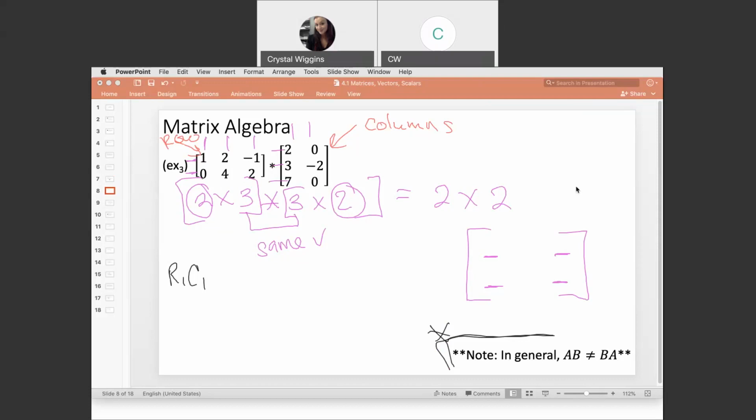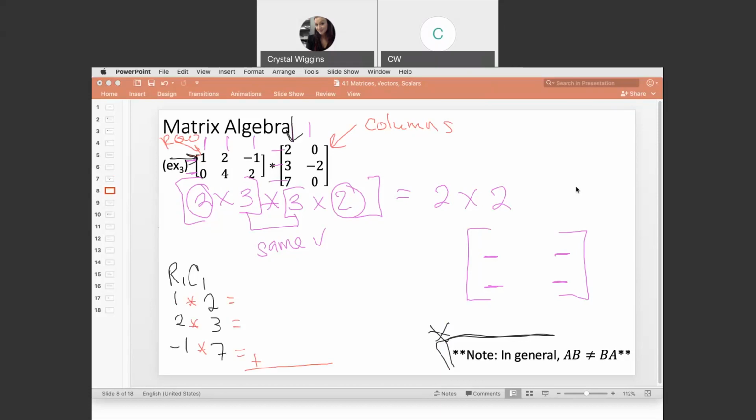Okay, so row 1 is this row here, 1, 2, -1. So I'm going to copy that down. And column 1 is here, 2, 3, 7. So what we are going to do is multiply element-wise and then add them all up. Essentially what we are doing, if you do take linear algebra, is performing a dot product between these vectors that have exactly the same number of elements.